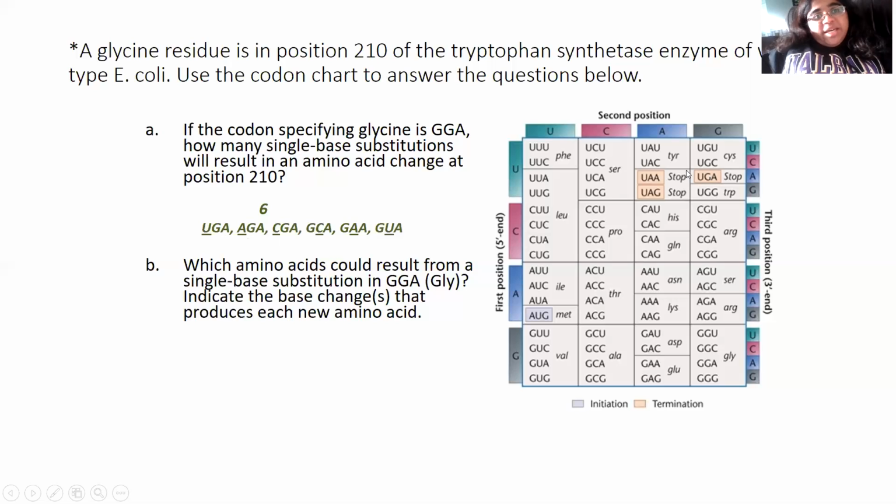If you have UGA, so the first position you have U, second position G, and then you look for A. Oh, wait, sorry. So U, we go here to G, and then you see UGA, which is a stop codon, right?